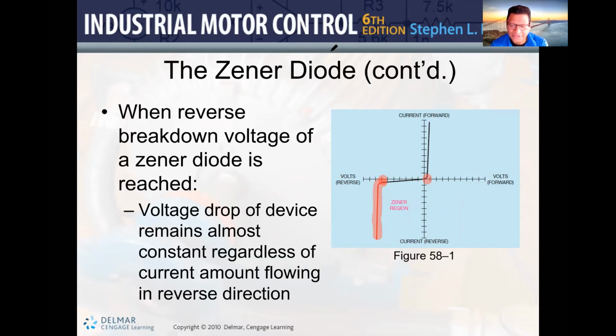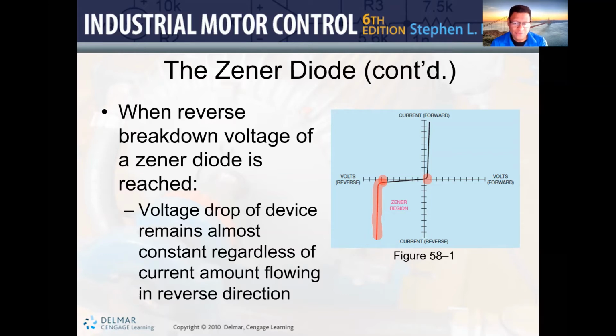So if the Zener diode behaves in this manner, let's say, like in the example that we are going to see, we are going to have a Zener diode that has a voltage rating of 12 volts.